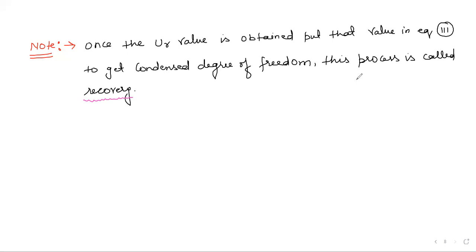You should know the definition of static condensation, how to use it. I have given an example also, and with that example I have derived the equation also. So you should understand the derivation of the equation, along with what recovery means. These things are important.